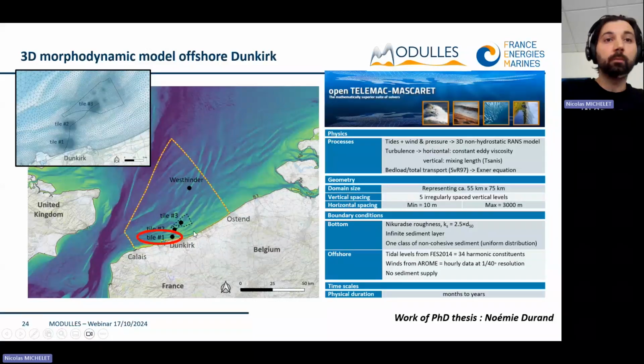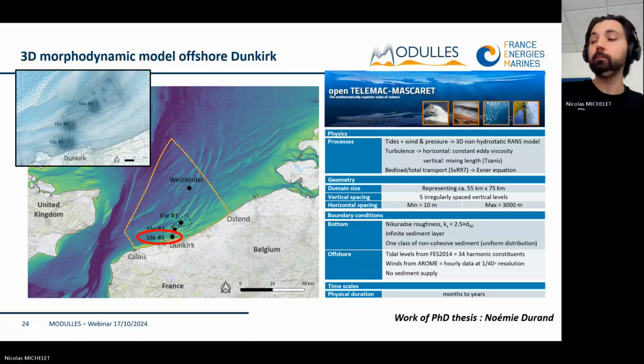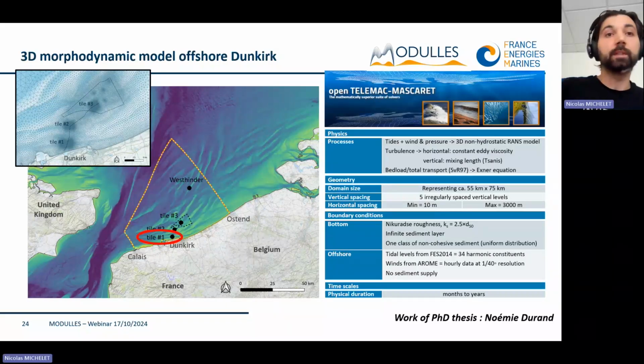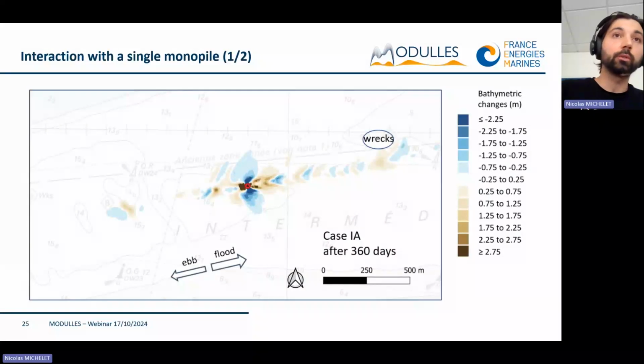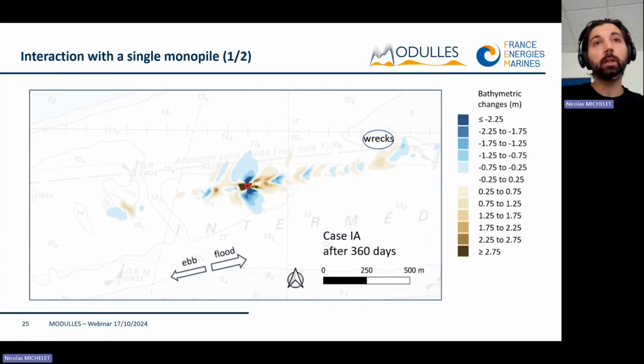By looking first at the same box as presented before, we will see what happened when we put a monopile. To represent the monopile, this is simple. We just consider it as a land point.